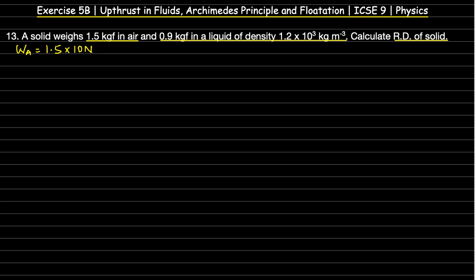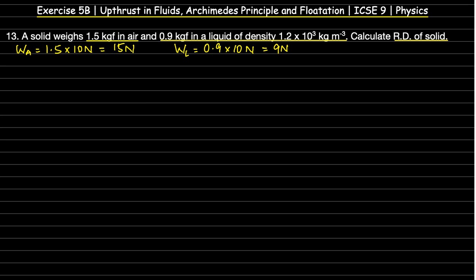So when we convert kgf to newton, we multiply by 10, so we get this as 15 newtons. Similarly, weight in liquid will be 0.9 into 10 newtons, so that would be 9 newtons.